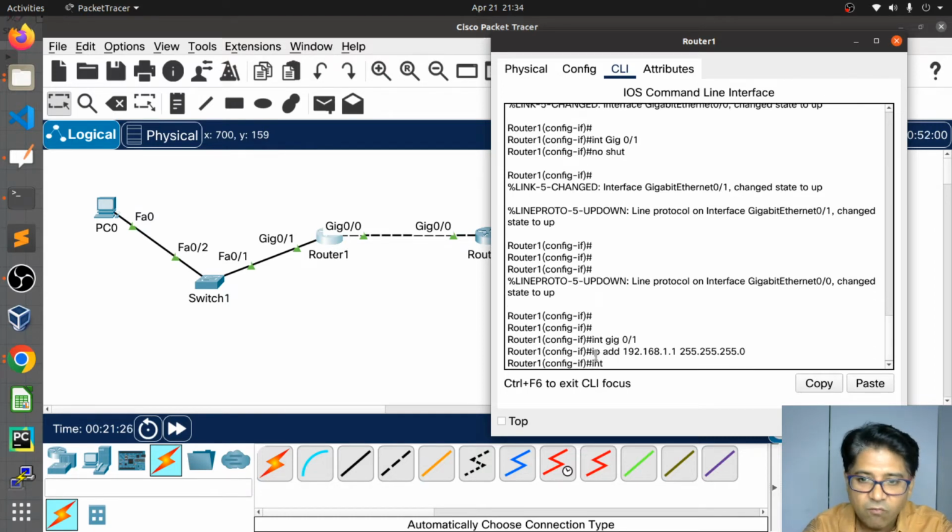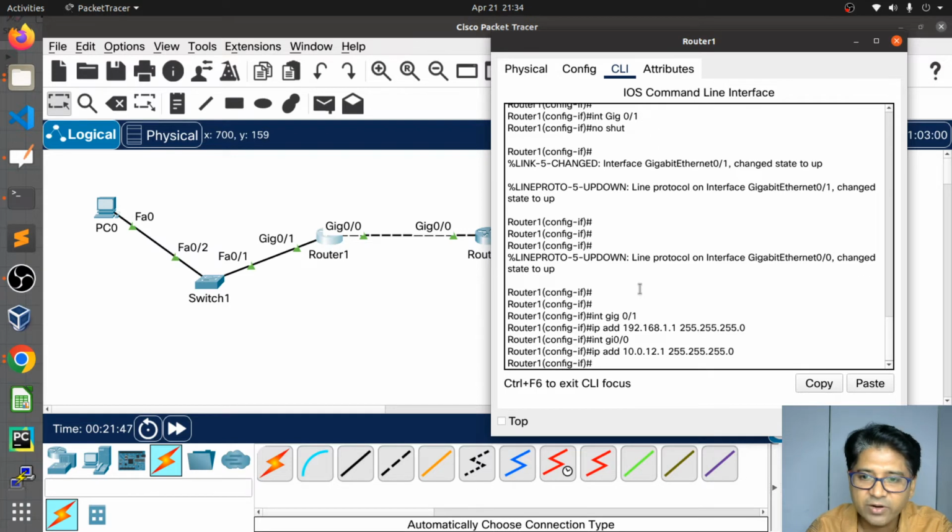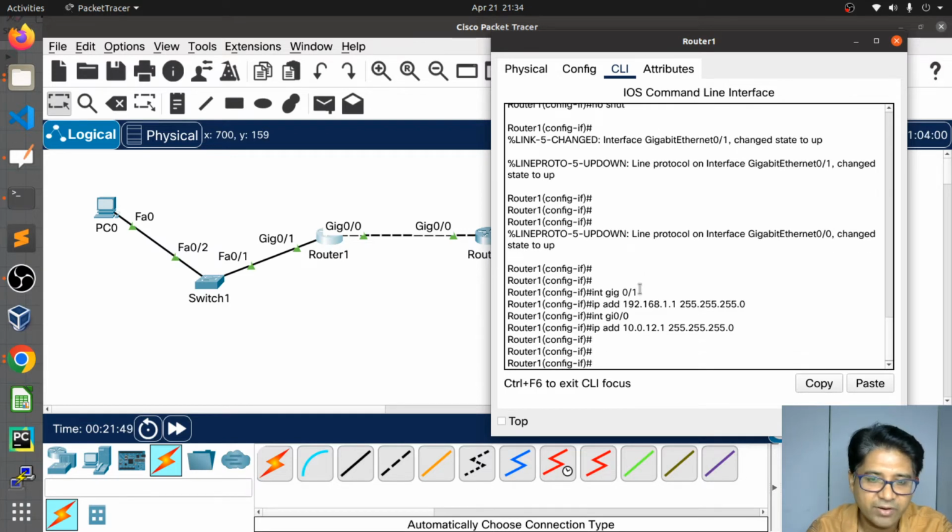And for the WAN interface, I'm going to take gig 0/0, and then the command is IP address. So 10.0.12.1 255.255.255.0. Please refer to the nomenclature for IP addressing.